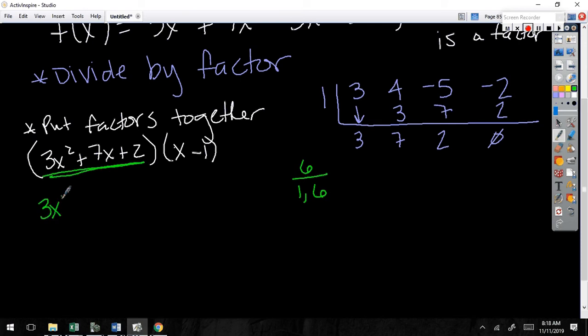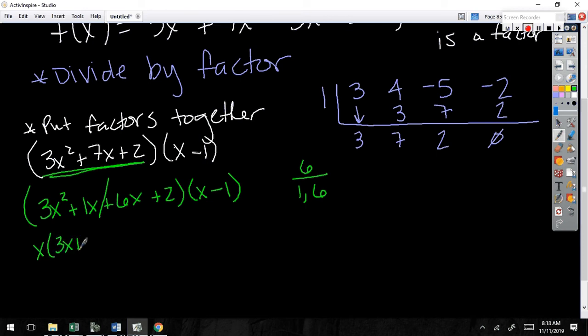So I have 3x squared plus 1x plus 6x plus 2. Keep this x minus 1, but don't worry about it right now. It's just a factor sitting in the problem. Okay? What's the GCF of 3x squared and 1x? X. What's left? What's the GCF of the last two? 2.